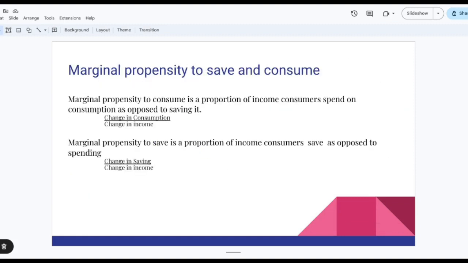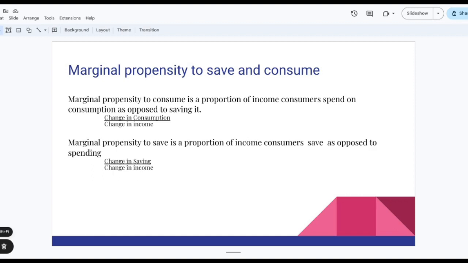Now, we're supposed to be looking at marginal propensity, and this is the proportion of income that gets spent or saved. Marginal propensity is broken up into marginal propensity to save and marginal propensity to consume.